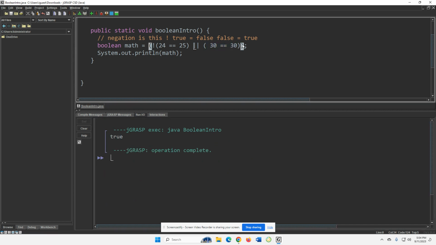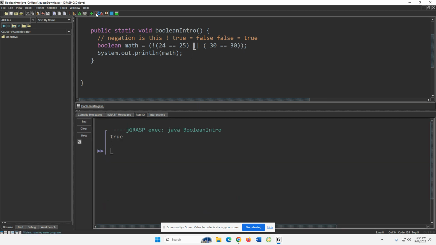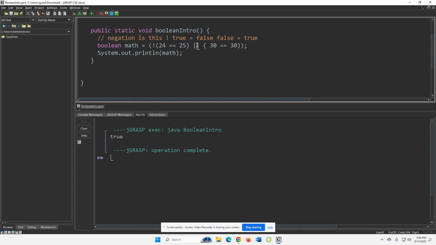Oh, sorry, I think I made a mistake here. I wanted to print out what happened here. Oops, what did I do wrong here? So 24 equal 25. Oh, sorry, I need to have extra parentheses. I apologize. That's what happened.